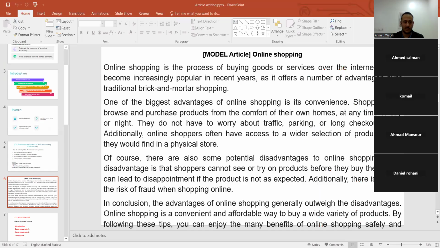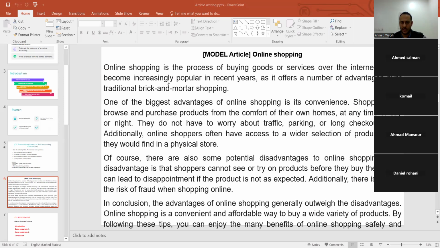It talks about online shopping. So let's read this example. Online shopping, this is the title. Online shopping is the process of buying goods or services over the internet. So he has given in the introduction some background information about what is the topic, what is online shopping.